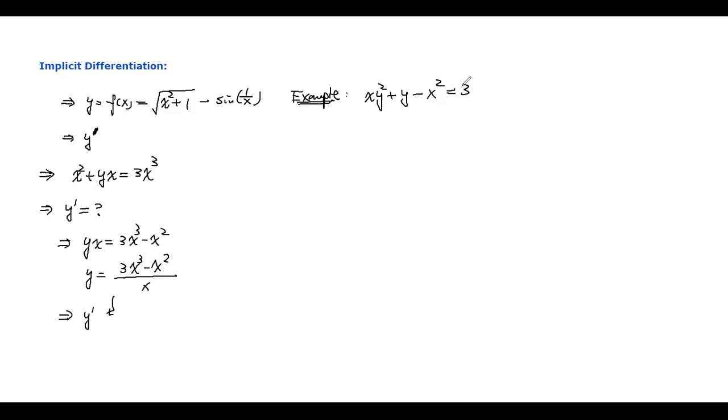Of course, you can try to complete the square, but it's very difficult, right? So trying to find a function y equal to some type of f of x, sometimes it's very difficult, and sometimes it's almost impossible, because sometimes I cannot solve that.